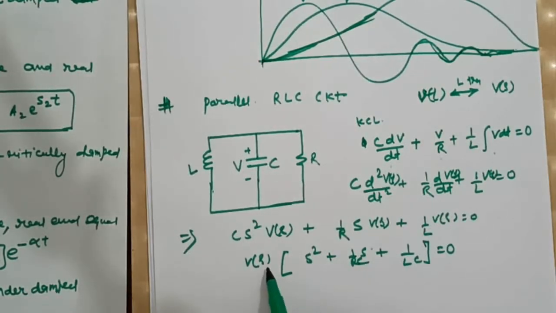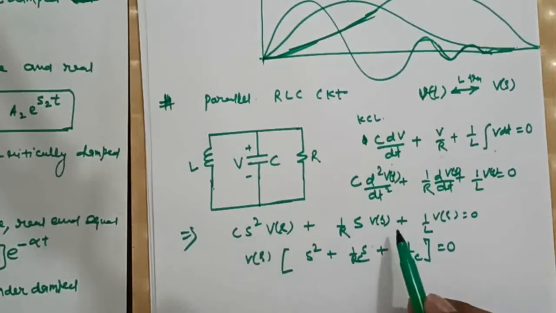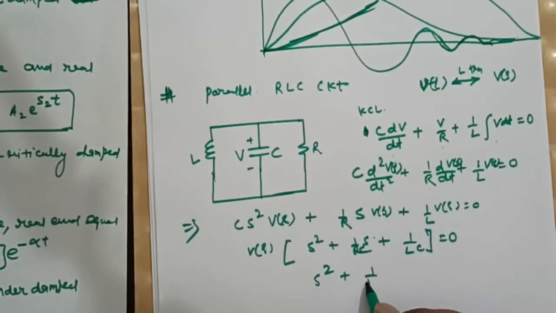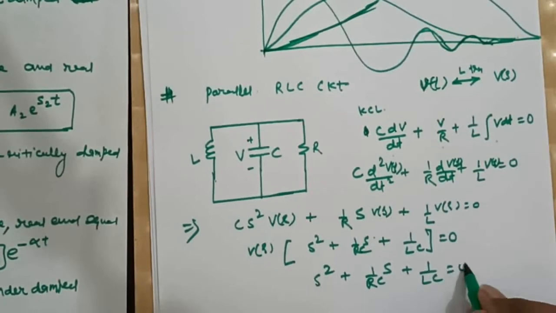Basically I have taken V(s) as common and divided by C at the same time. Now V(s) cannot be 0, so obviously s square plus 1 by RC s plus 1 by LC will be 0.